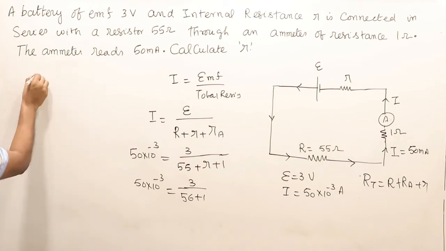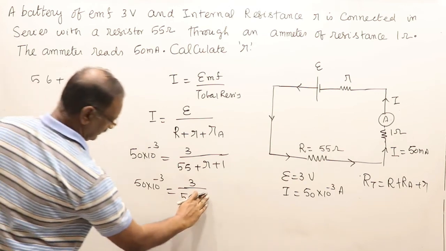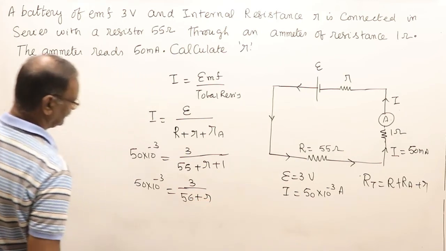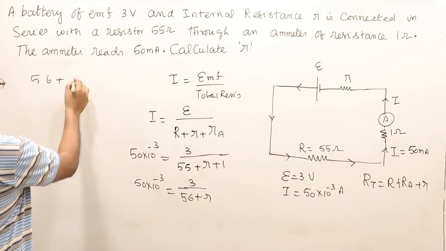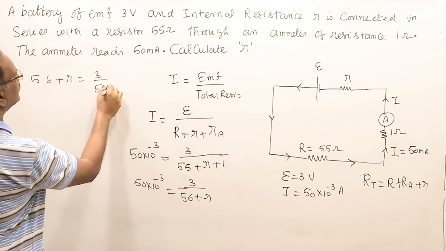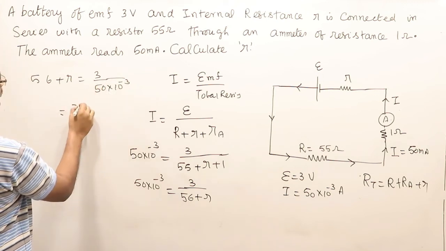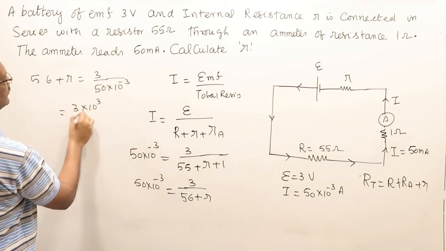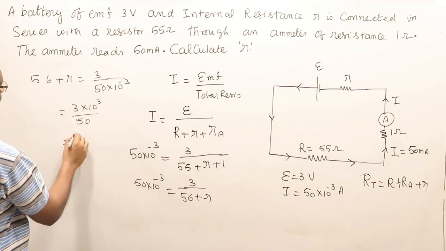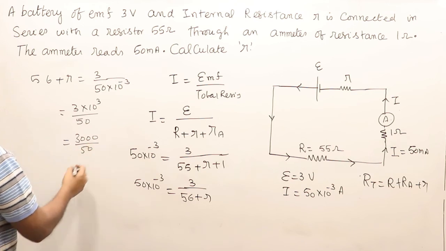So we can write 56 plus r is equal to 3 divided by 50 into 10 to the power minus 3, which is equal to 3 into 10 to the power 3 divided by 50.